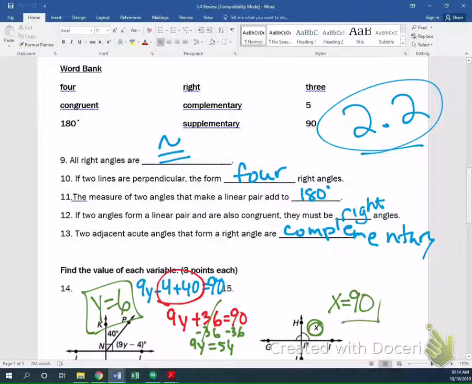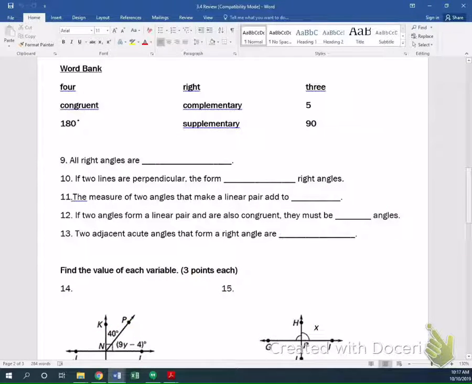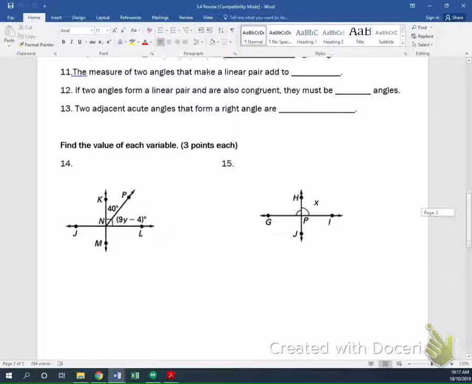X is already by itself, and we know that it equals 90 degrees. All right, fix those if you didn't quite get them. Moving on.